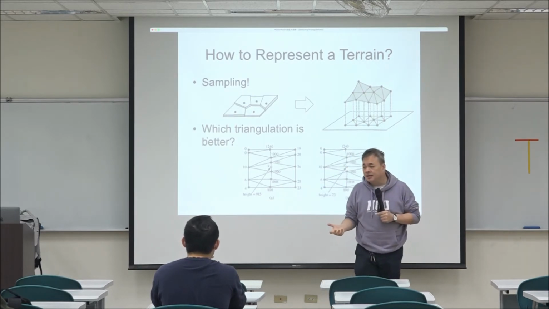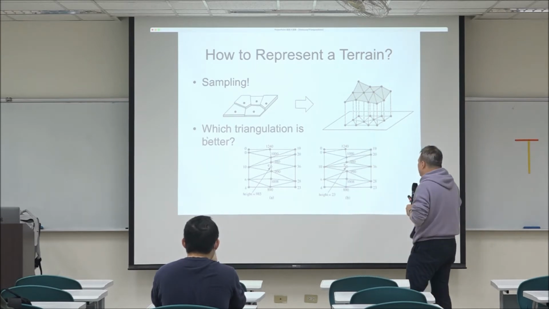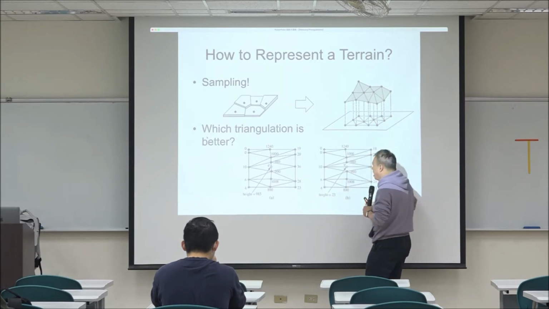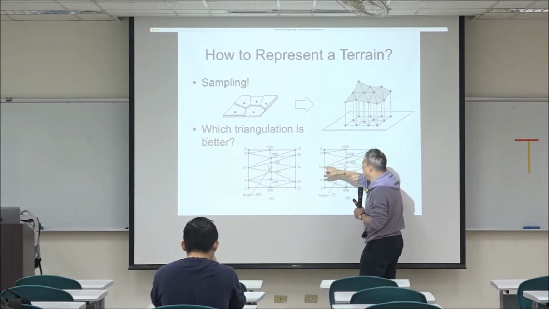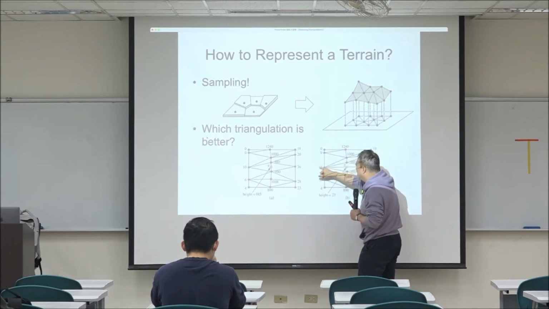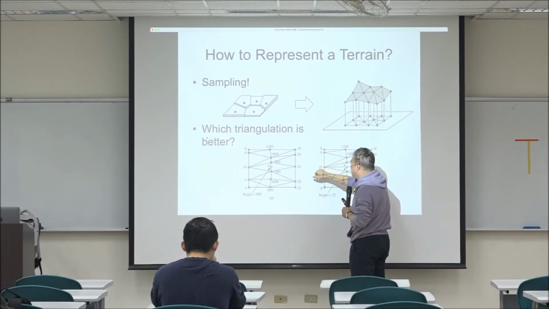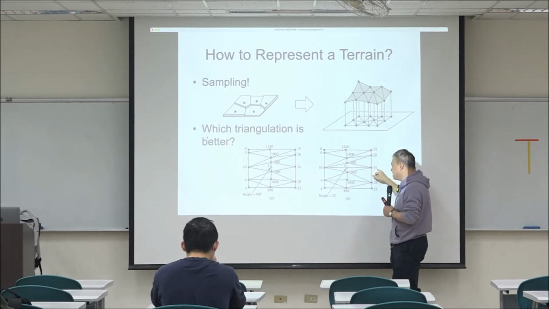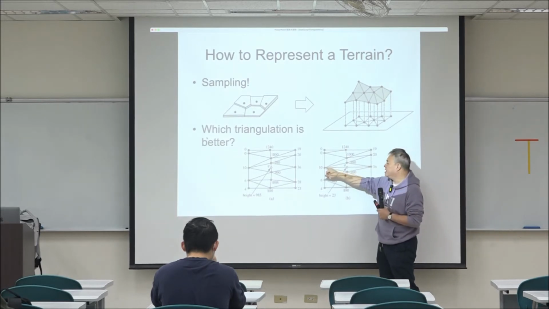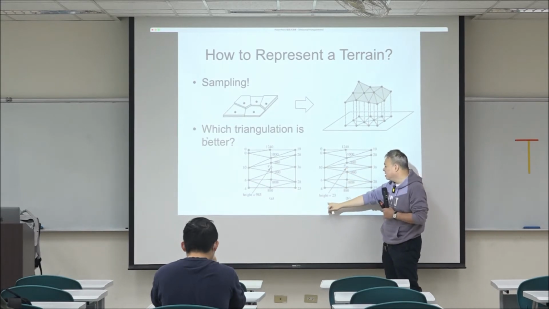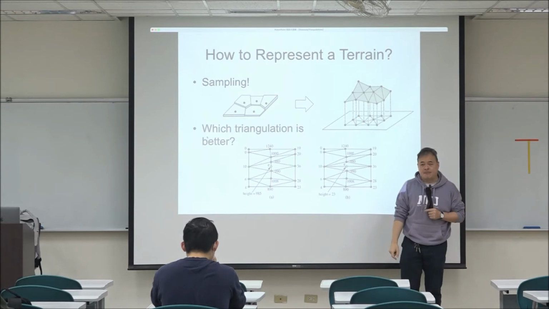However, by using the other triangulation, Q is also in the middle of a line segment, and the left side height is 10, the right side height is 36. So if you use these two ends to do the interpolation, the height of Q is going to be 23.